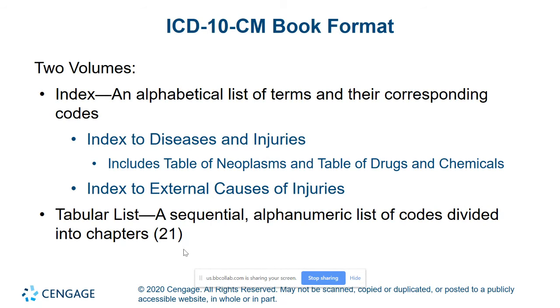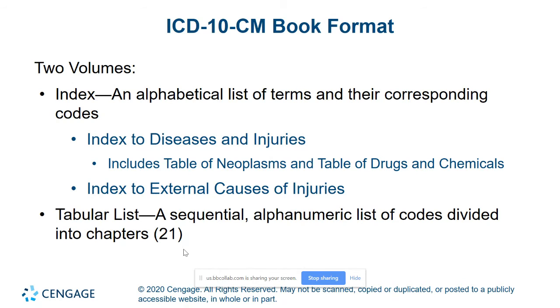So within the book, like I said, there's the index and the tabular. The index is divided up into, I guess, four different areas. The first one is the index to diseases and injuries, and that is the main area. And we're going to practice this here in a minute. When you read through a patient record, the first thing you're going to do is identify a term, and you're going to look that up primarily in the index to diseases and injuries. The other items in the index to diseases and injuries deal with the table of neoplasms and the table of drugs and chemicals.